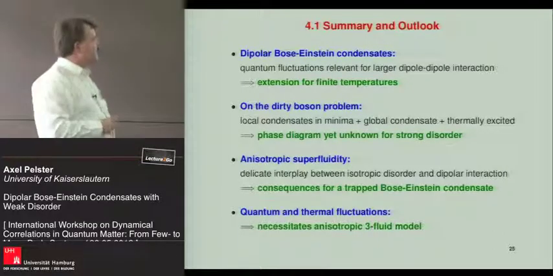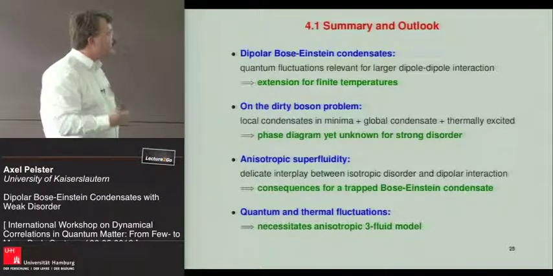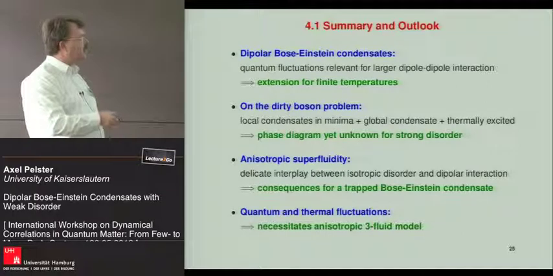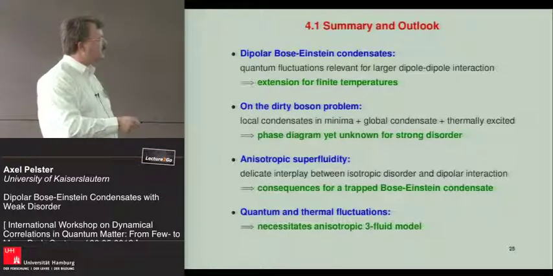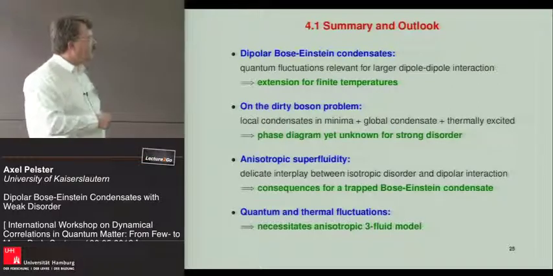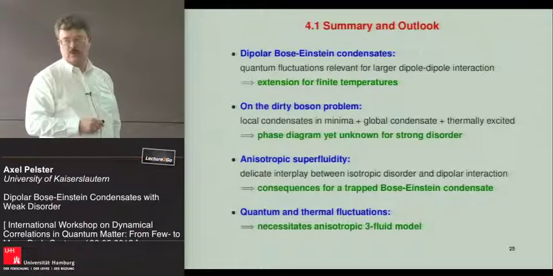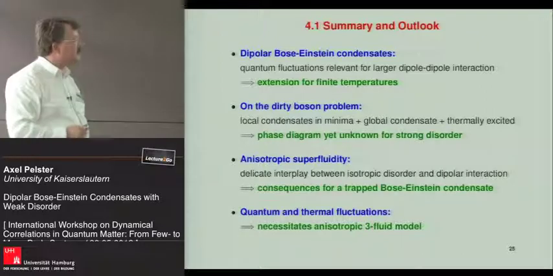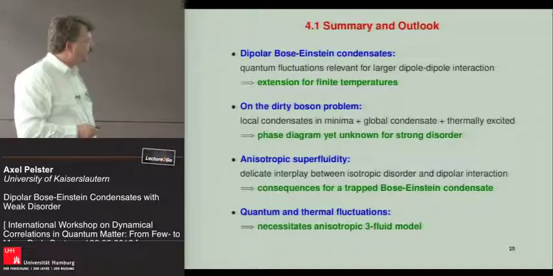Concerning the anisotropic superfluidity, this emerges due to a delicate interplay between the isotropic disorder and the dipolar interaction, and we have not yet looked at the consequences for trapped Bose-Einstein condensates, so this is certainly also an interesting topic to look at.